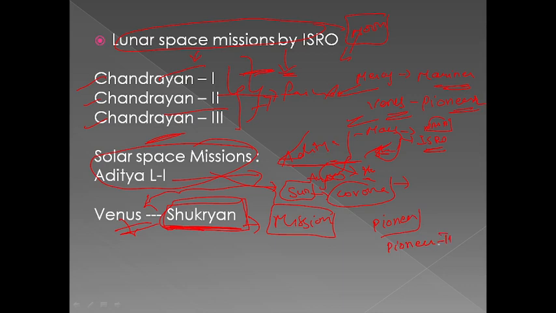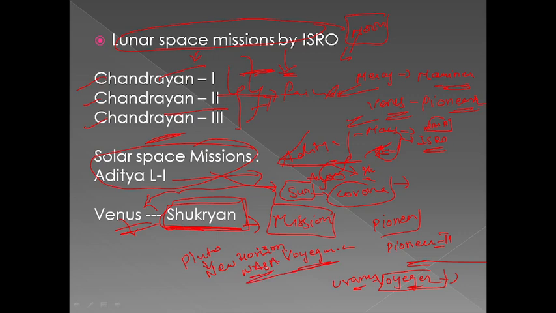In Uranus we have the Voyager mission by NASA itself. In Neptune also we have the Voyager 2 mission started by NASA. And the most important, the last one, on Pluto we have New Horizons, a very successful mission launched by NASA.